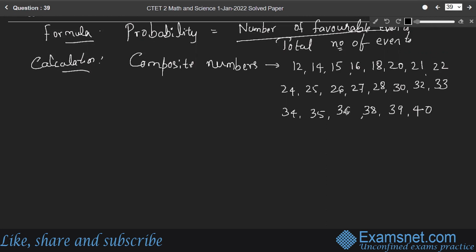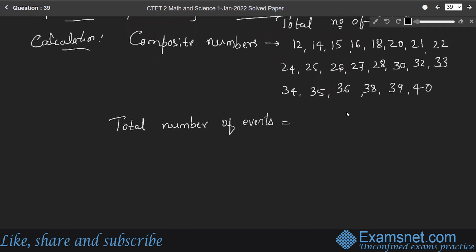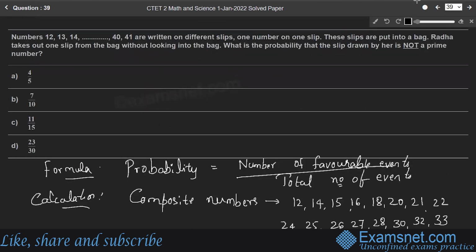That means numbers which have the factors other than 1 and the number itself. Right? So 12 has many factors like 2, 3, 4, 6, and the number itself, and 1 also. So similarly, all these numbers, they have the factors other than the number and 1. So here composite numbers are these many, and total number of events, in the sense numbers from 12 to 41.